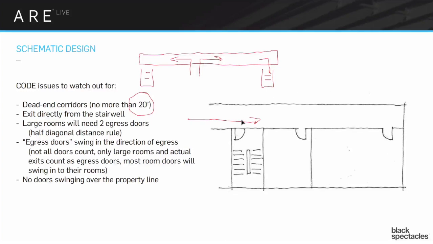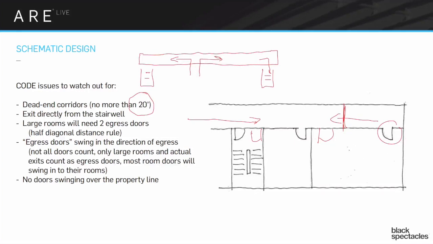One is, instead of having that door there, maybe I put the door closer to the end, maybe over here, so that I'm less than 20. And if I don't need this corridor to go any farther, maybe I just end the corridor. So there are lots of ways you can deal with these things. We're not talking about very complicated ideas, but that's one of the code issues. You can't go longer than 20 feet.